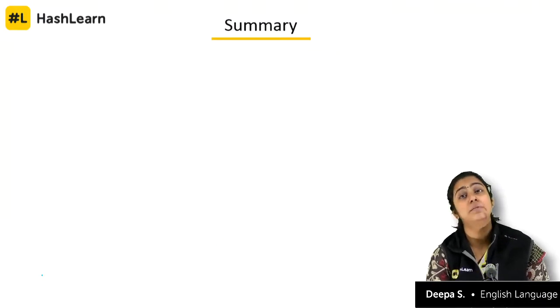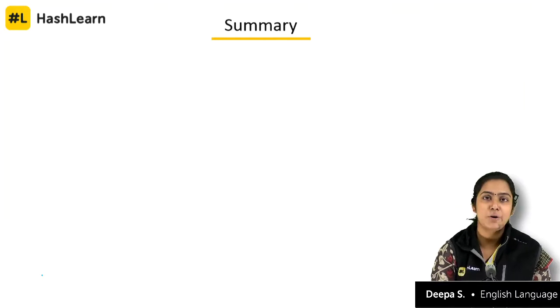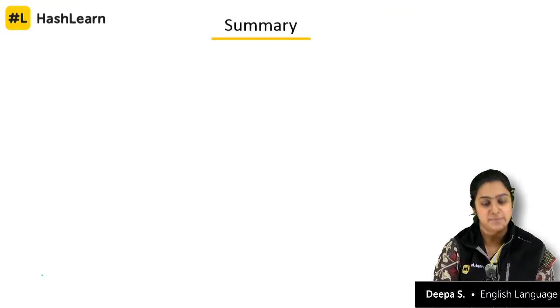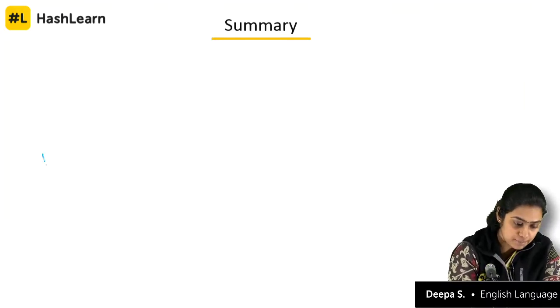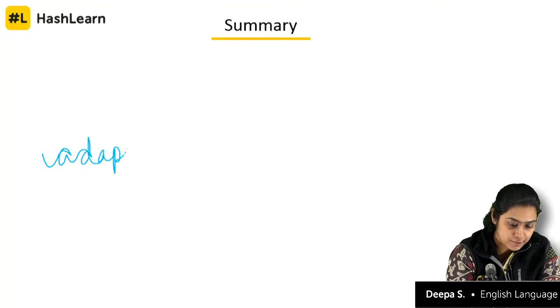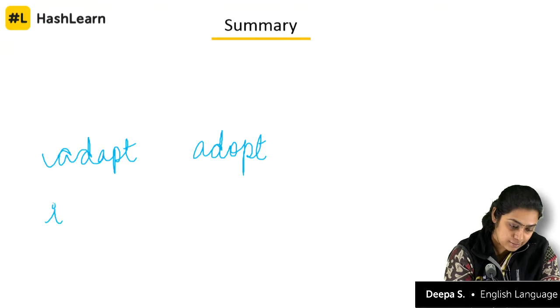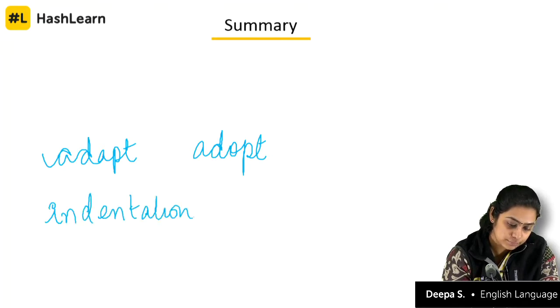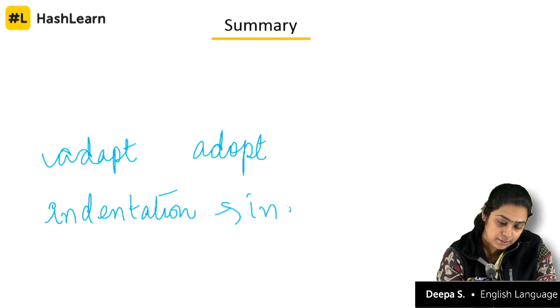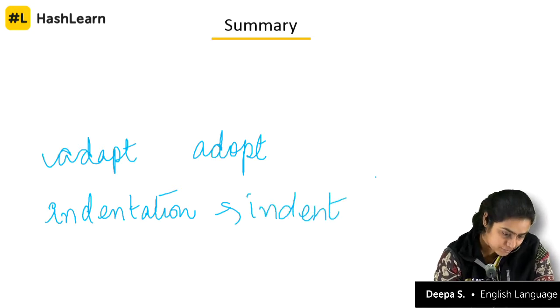Today we've seen confusing words completely out of context, but because the words are very similar. I'll give you one more example. Adapt versus adopt. Then indentation, giving rise to indent.